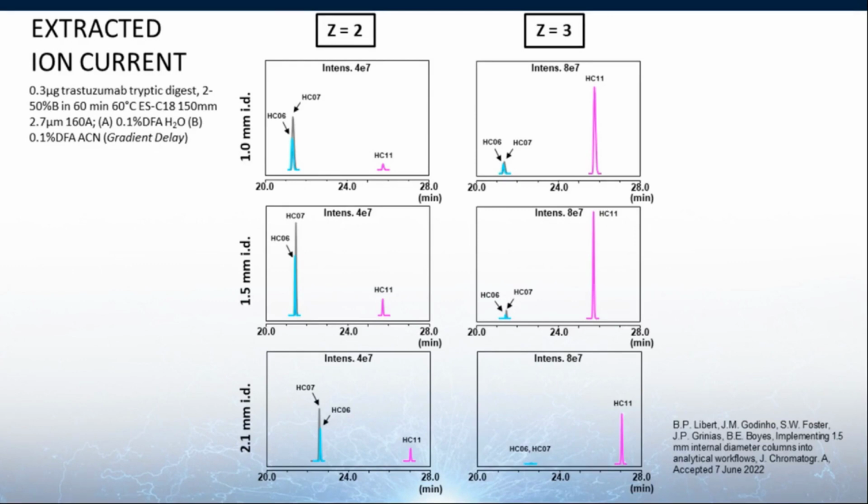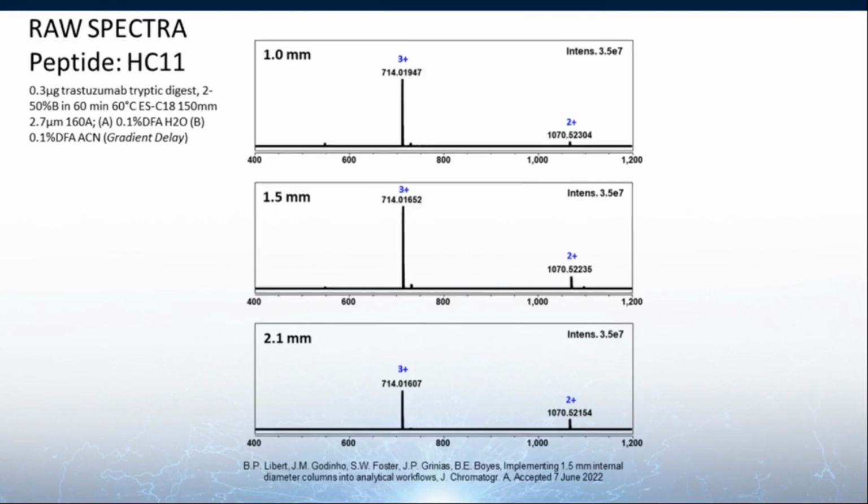And that, depending on the charge state, whether it's the +2 or the +3, you can see the impact on the extracted ion current intensities. We've combined this on one slide.